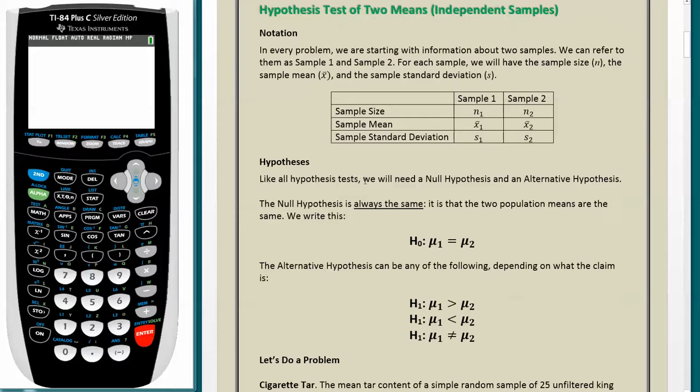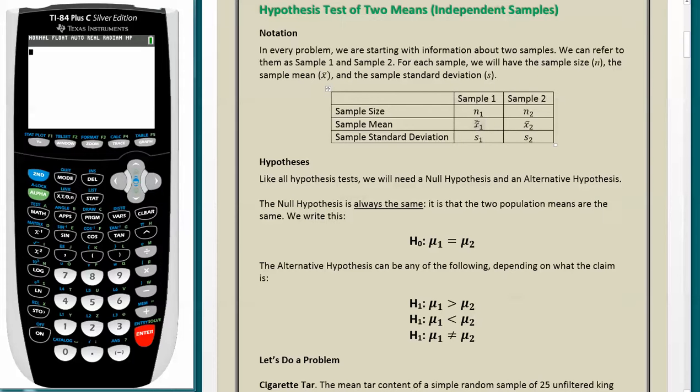So how about our hypotheses? Like all hypothesis tests, we will need a null hypothesis and an alternative hypothesis. The null hypothesis is always the same for these kinds of problems. It is that the two population means are the same or are equal to each other. So we write this H0: mu1 equals mu2. And notice, and I always make a point of this, the hypotheses focus on the population. So mu is the symbol for the population mean. The sample data are about the sample.